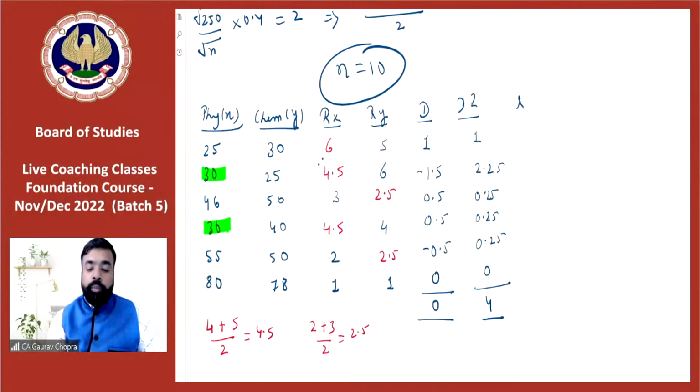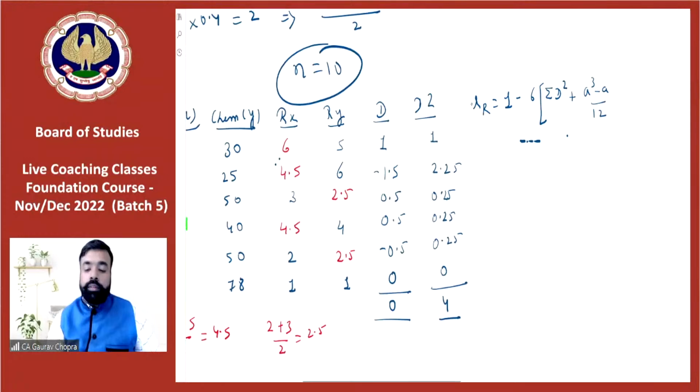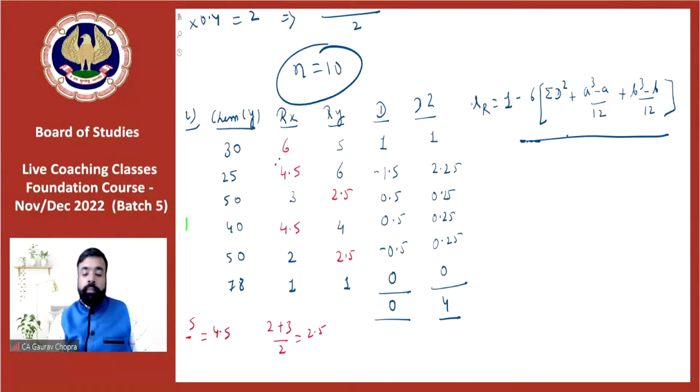Now we can apply the formula for rank correlation. 1 minus 6 times sigma d square plus a cube minus a upon 12 plus b cube minus b upon 12, and there was tie 2 times only, divided by n into n square minus 1. So 6 sigma d square was 4 plus what is the value of a? There was tie among 2 values.